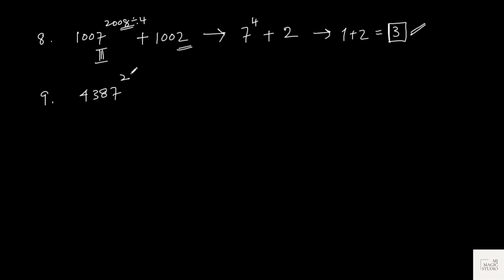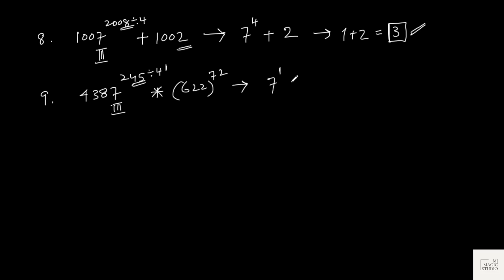4387 to the power 245 into 622 to the power 72. More you practice, more confident you would be. Give me the last digit. Okay, so what should be the answer? 7 is in type 3, 245 we need to divide by 4, then remainder would be 1.